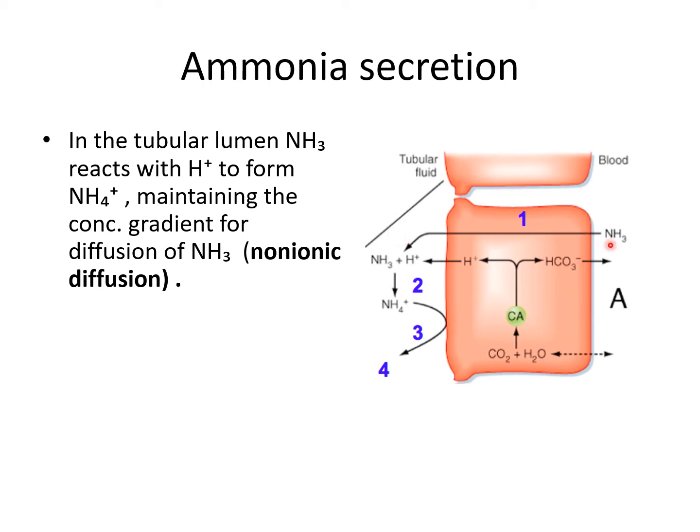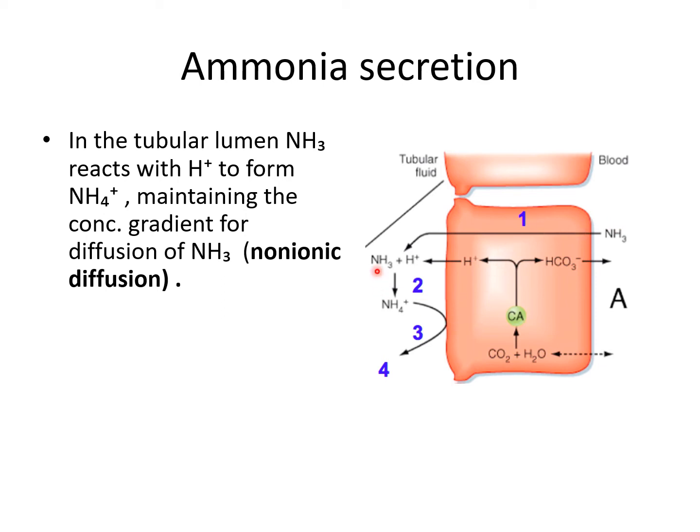Now, ammonia is diffusing along the concentration gradient. Here there is production of ammonia. It is coming along the concentration gradient and reacting with hydrogen ion and forming NH4+. As NH3 is converted to NH4+, the concentration of NH3 decreases and the gradient is maintained so that further NH3 diffusion continues.